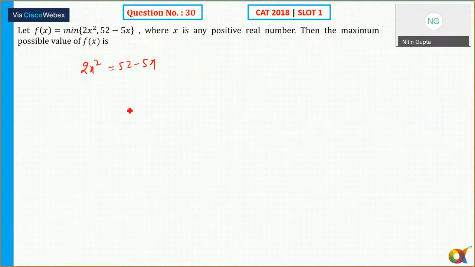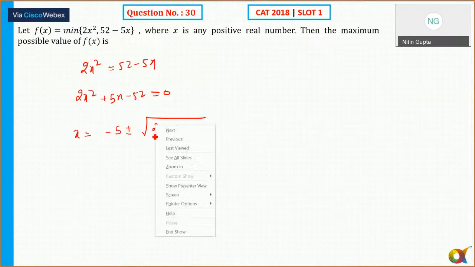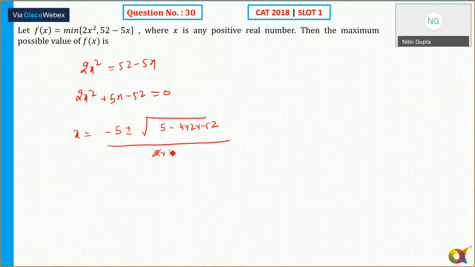So 2x square is equal to 52 minus 5x. So if I equate this equation, 2x square plus 5x minus 52 is equal to 0. So x is equal to minus b, that is minus 5, plus minus root of b square, that is 25, minus 4ac, so 4 into 2 into minus 52, upon 2a, that is 2 into 2. So x is equal to minus 5 plus minus root of this term inside the bracket.